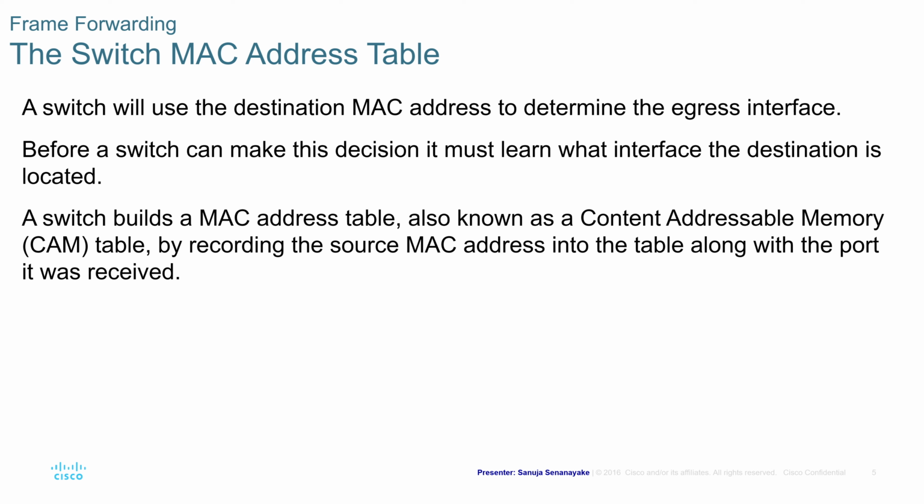What this table has is the recording of the source MAC address along with the port it was received on. So the whole purpose of a MAC address table, or CAM table, is to associate the port with the MAC address of the device that is connected to that particular port.